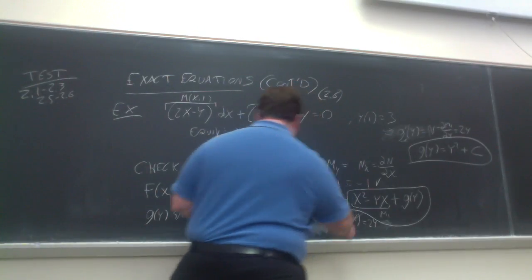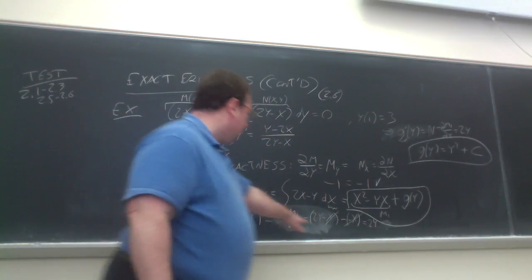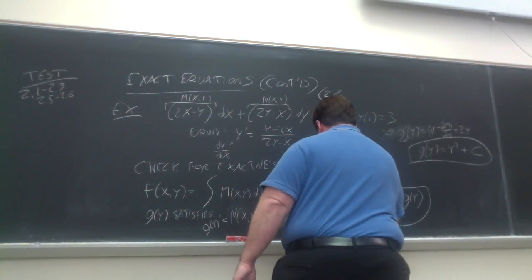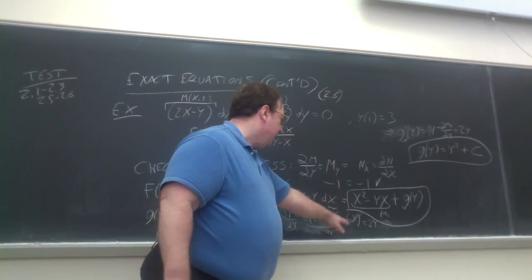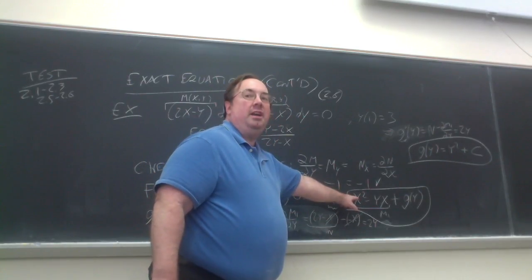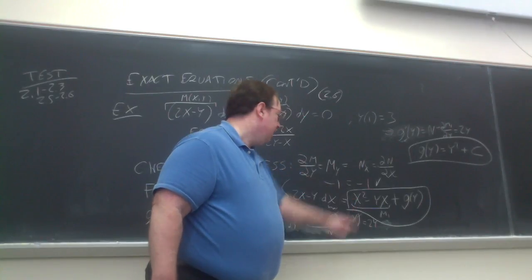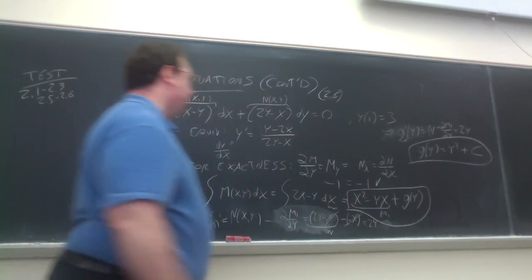Okay, so this is n. And then I took what I got earlier, which I've labeled m1, and take a derivative of that with respect to y. And that gets subtracted off.